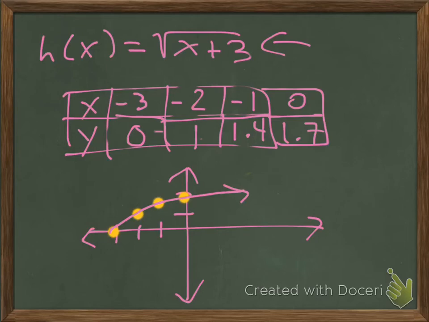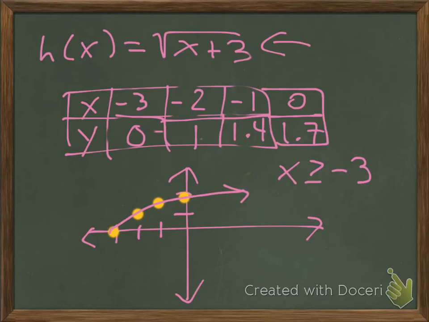So this time the domain does change, and it's going to be x is not greater than or equal to 0, but greater than or equal to -3, because we can go a little bit further down and still have the square root of 0.